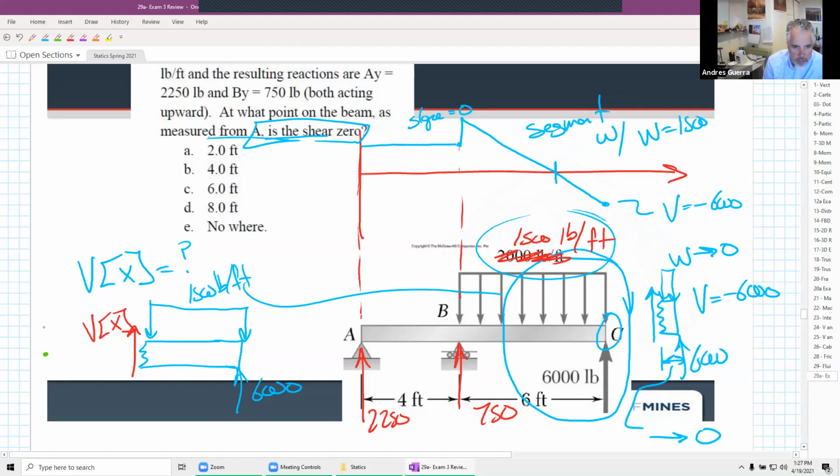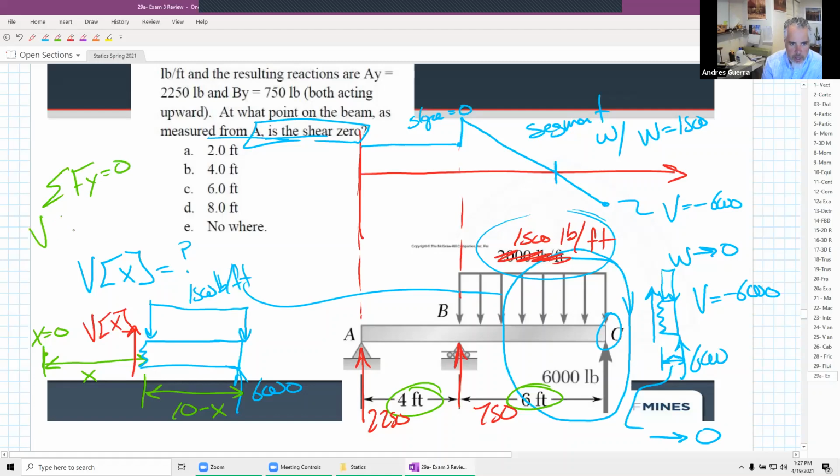Remember that x of 0 is way over here, and that this distance is equal to x. So that means this distance right here is equal to 10 minus x, because 10 is the whole distance from 4 feet plus that 6 feet right there. So we have 10 minus x. Now we can sum forces in y equal to 0.